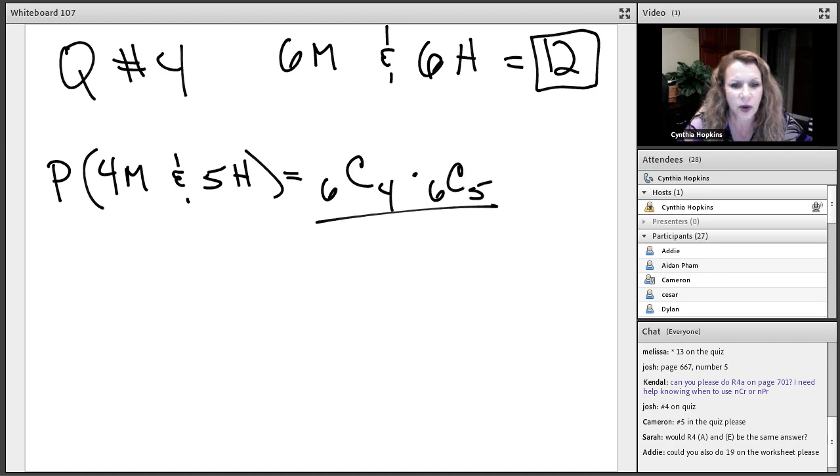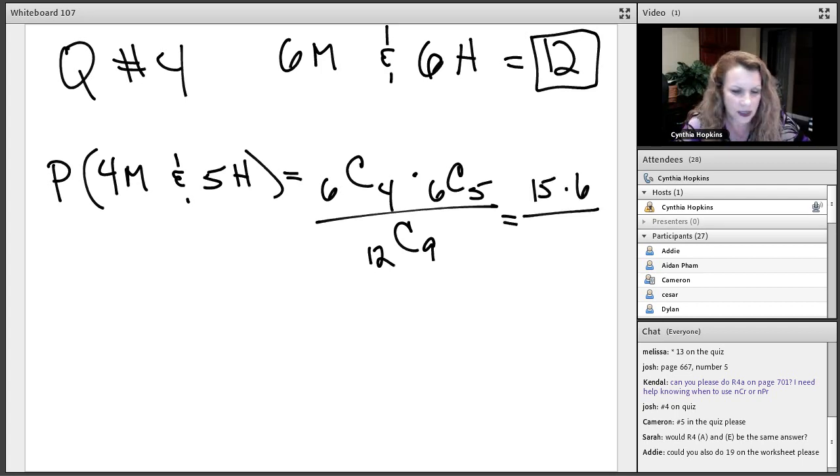Then this is probability, so I need to divide by the sample space. Now you don't think about the specifics of how many math and how many history. It's just out of the 12 teachers total, I'm going to choose 9, because we're selecting 9 teachers altogether, or getting a group of 9. So this ends up being 15 times 6 divided by 220.